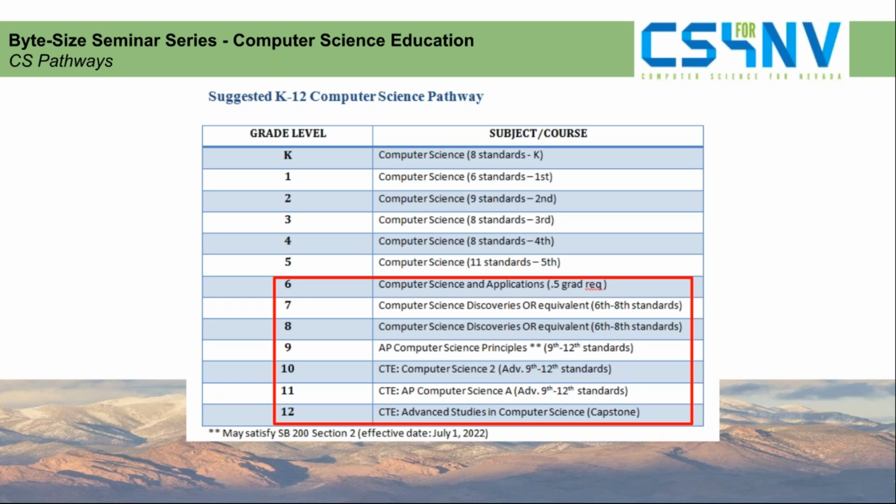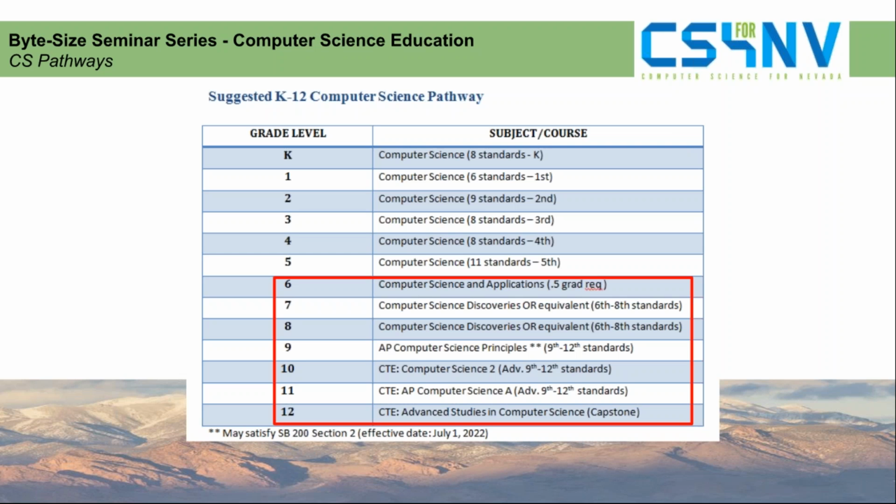So you should be considering how can I, in your case, Juliana, for middle school, incorporate those 6th through 8th grade computer science standards in some manner in another course?